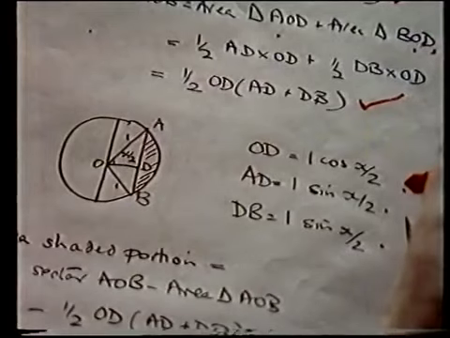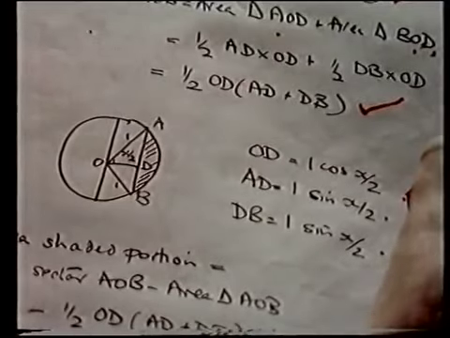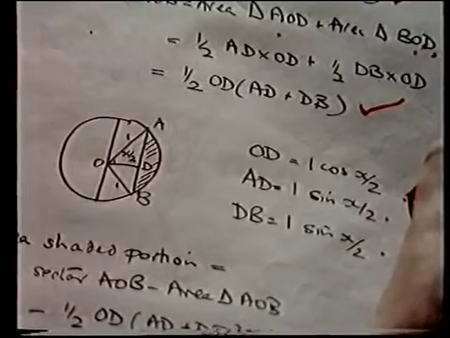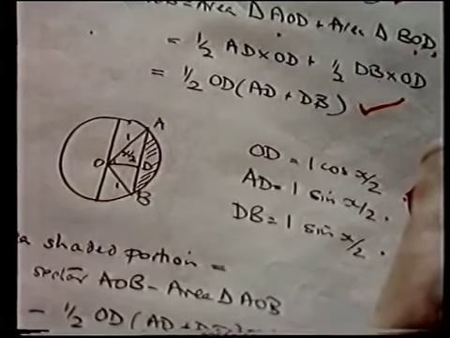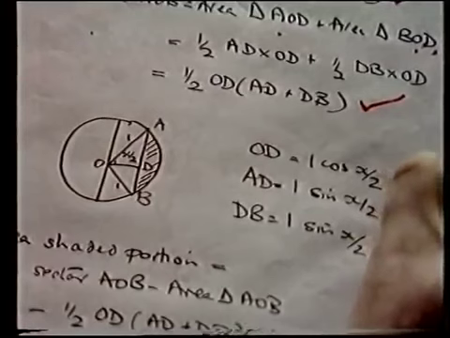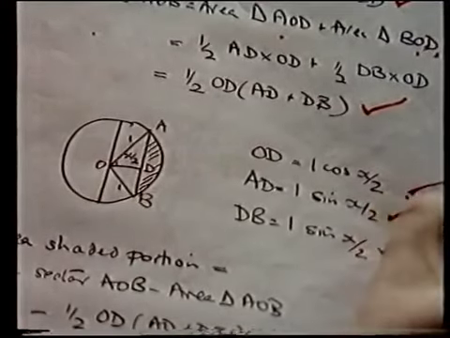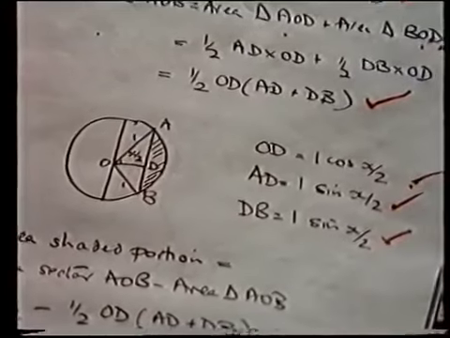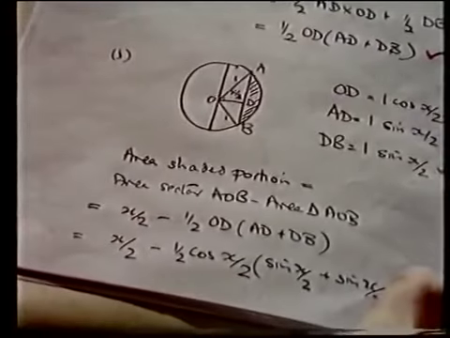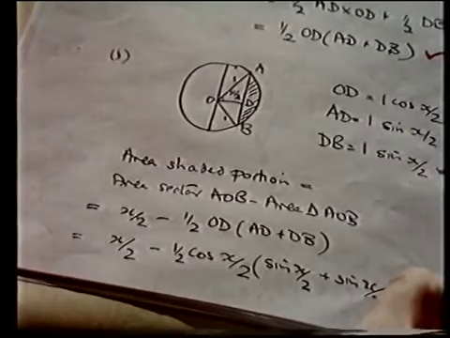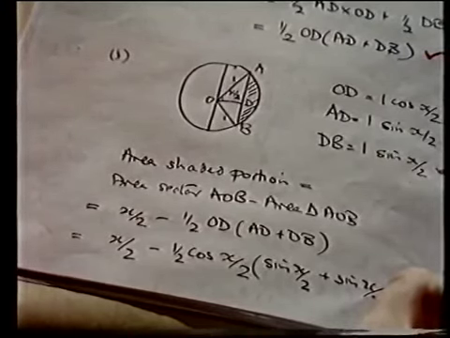Well, fortunately, in terms of marking, this one presents no problem, because in part 2b, he starts off by showing that OD is equal to 1, that's the radius OA, times cos x over 2, and similarly gets that AD is sine x over 2, and DB is sine x over 2. And here, on the last line of the page, he actually substitutes those values in the formula he found for the area of the triangle.